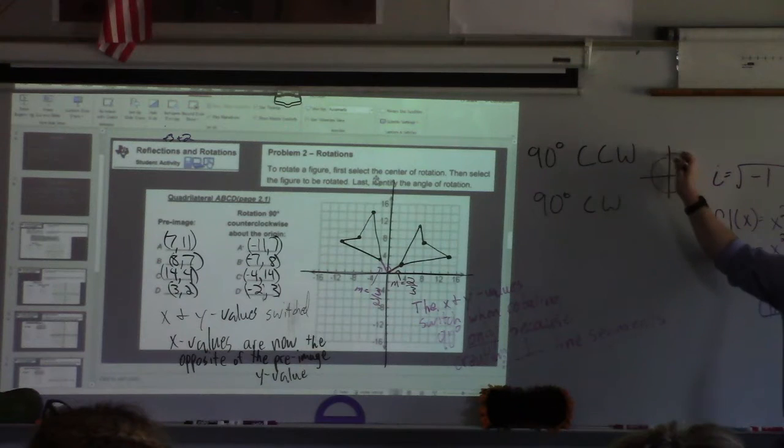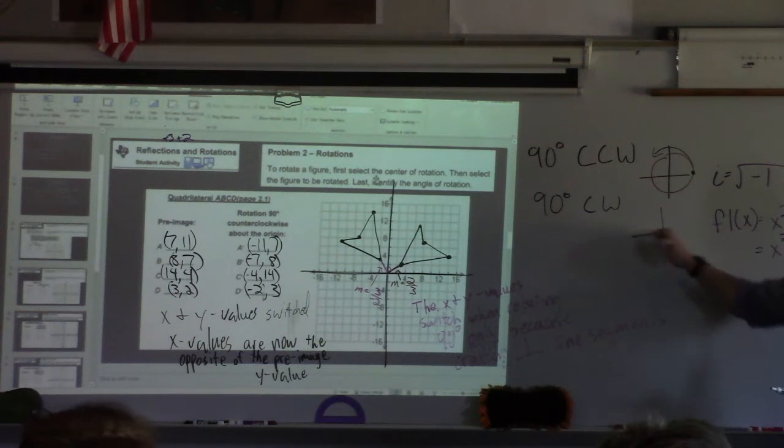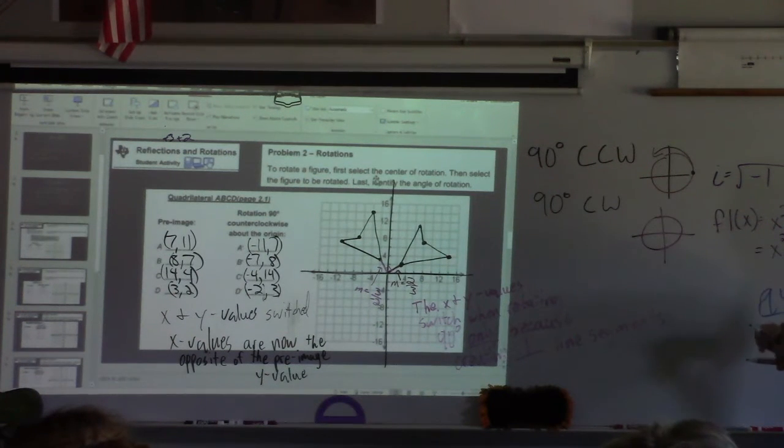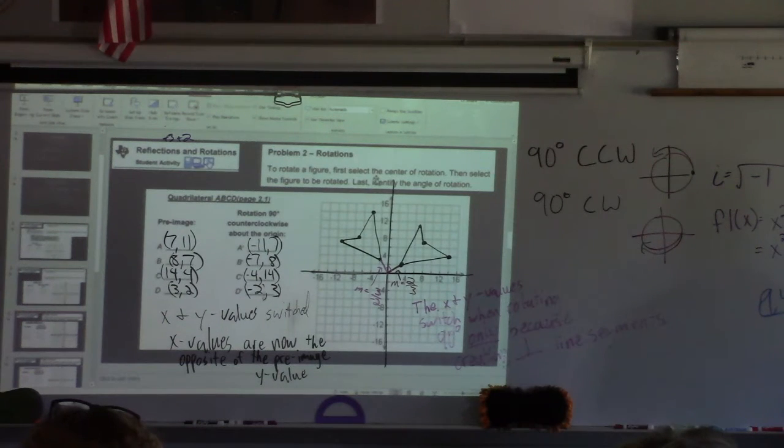I'm going to go up and in the opposite direction. That is counterclockwise, whereas clockwise is the other way, going in the order of a clock. That is why it's called that. It is either going in the order of a clock, clockwise, or going against the direction of a clock, counterclockwise.